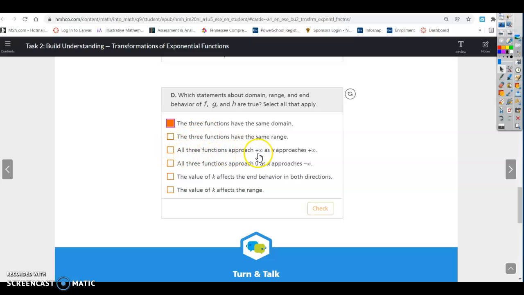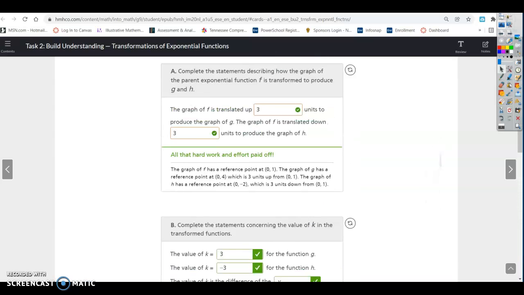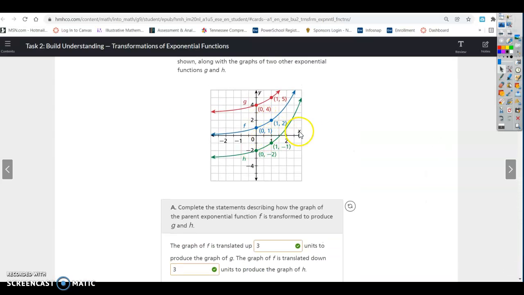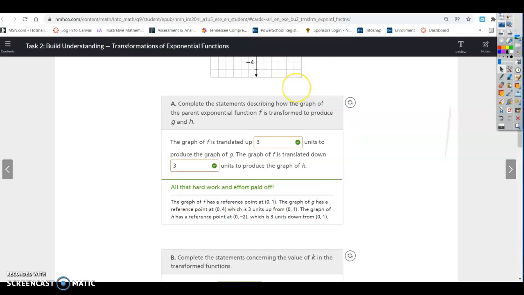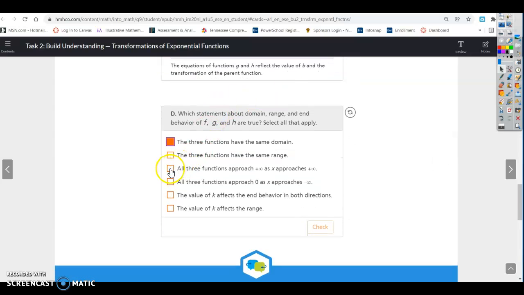All three functions approach infinity as x approaches infinity. So this is saying as x goes to the right, your y values go up. Is that true? As x goes to the right, as x goes to infinity, your y values go to infinity as well. So that one is true. And it says all three functions approach 0 as x approaches negative infinity.